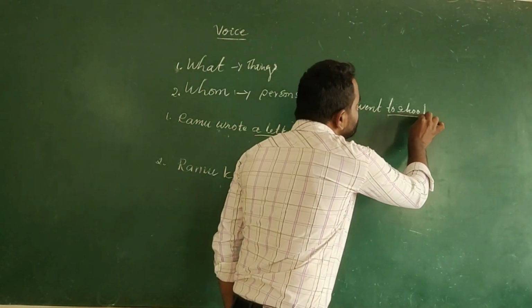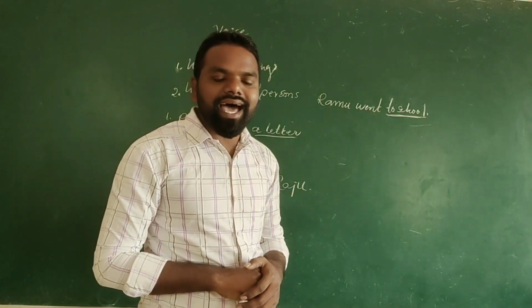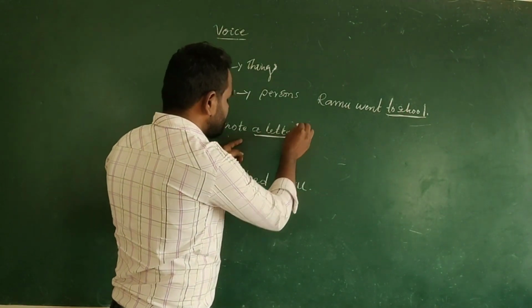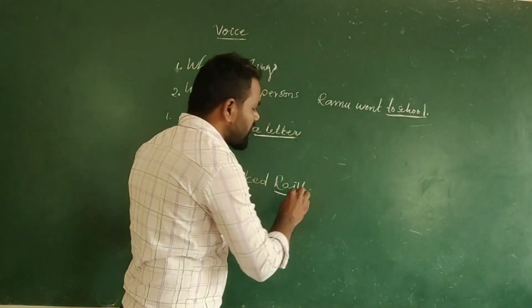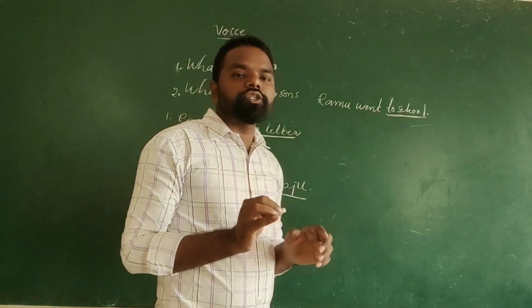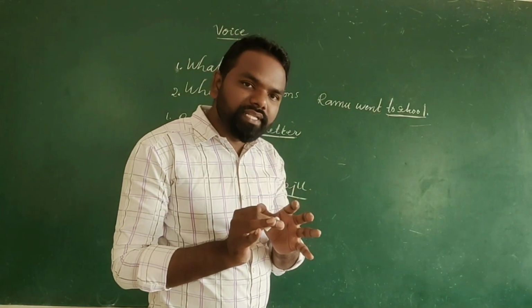Actually, to school we don't call an object. We call it a complement. Here a letter is there, and here it is an object. Raju is an object. But when we come to this one, to school, it is no more an object. It is considered a complement.